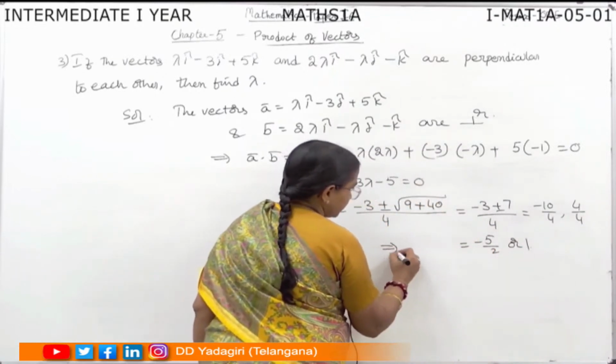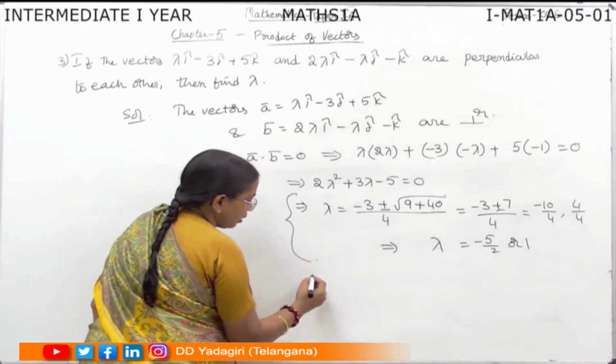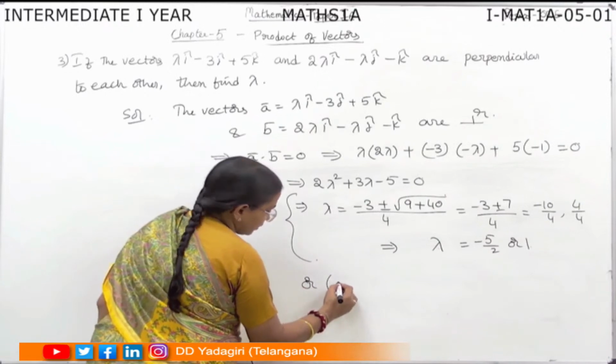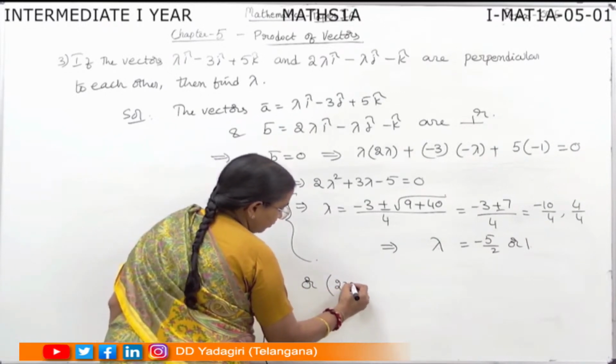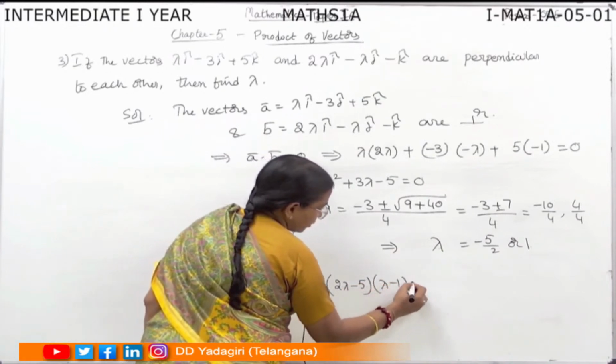So what are the factors? 2 lambda minus 5 into lambda minus 1. You will get like this.